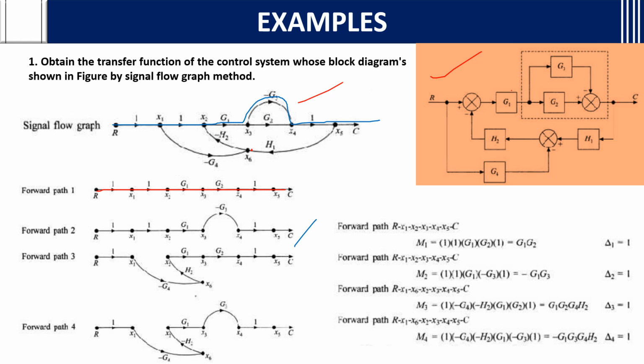I'll take green color for this. One more forward path is in this way, and one more forward path is also present, that I will mention with yellow. So there are different forward paths.